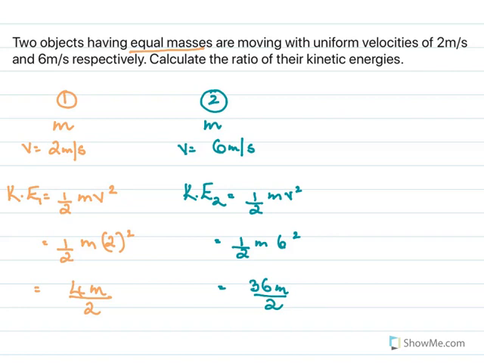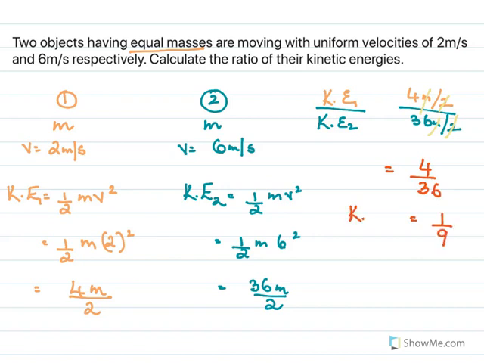So to find the ratio, we do kinetic energy 1, which is 4m over 2, over kinetic energy 2, which is 36m over 2. So the m will cancel. What is left now will be 4 over 36, that is 1 by 9. So the ratio of their kinetic energy will be 1:9.